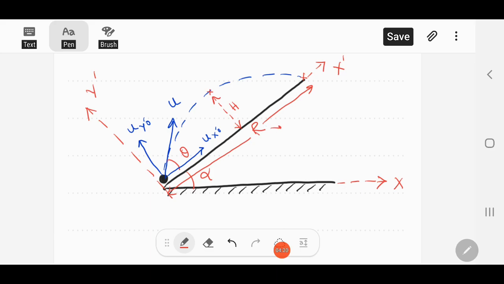So this is the horizontal range, and this H is the maximum height.